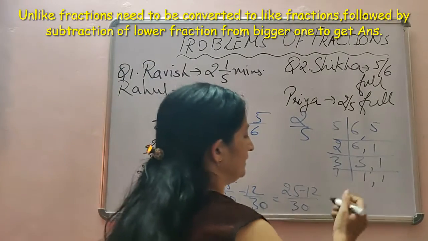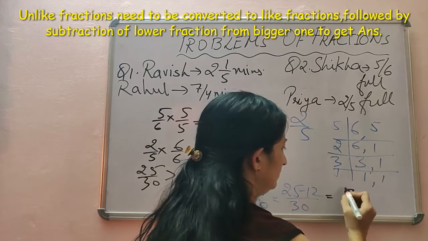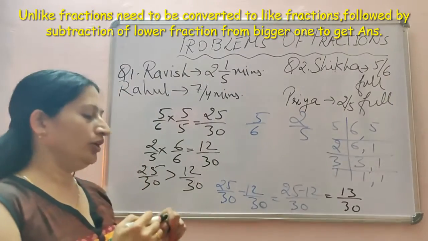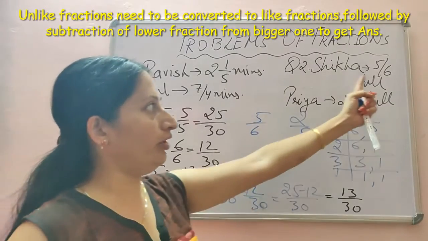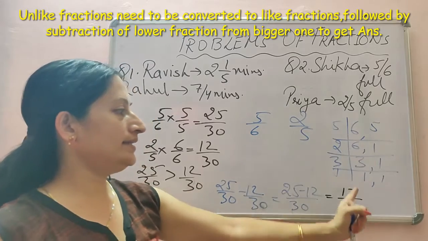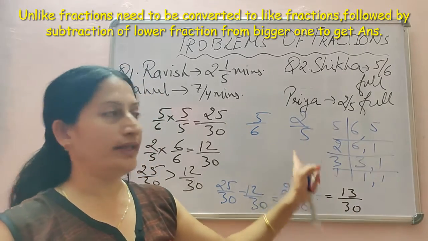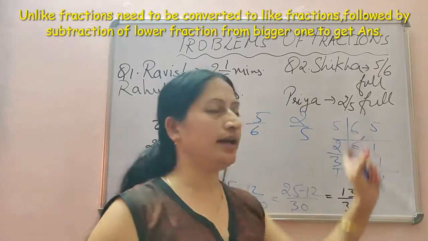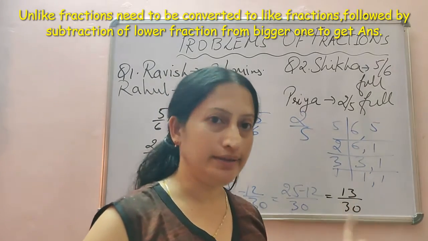You will get 13 by 30. So Shikha's bookshelf has more books, 13 by 30 more than what Priya's shelf has. So the fraction by which Shikha's shelf has more books is 13 by 30.